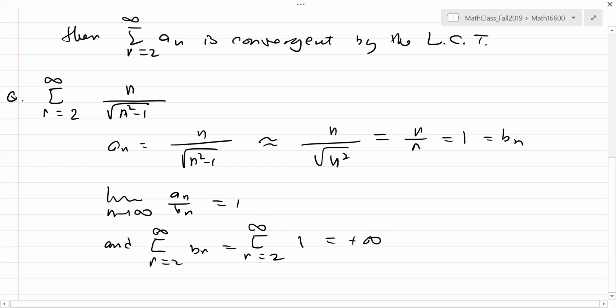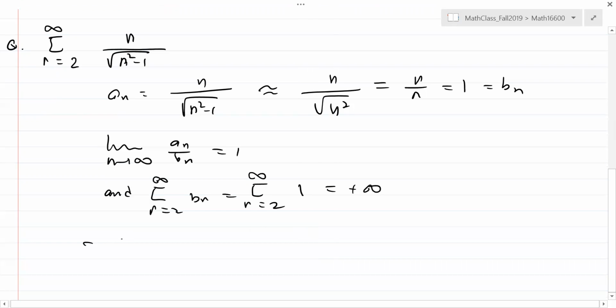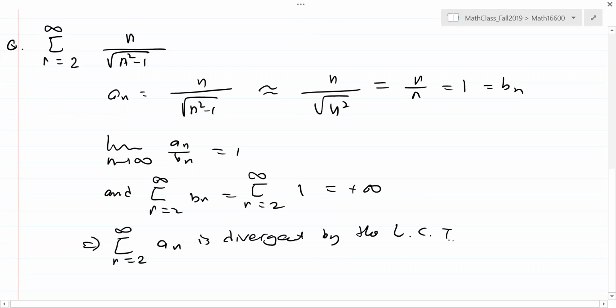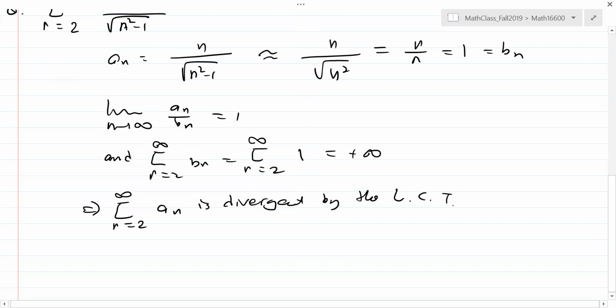So therefore it's divergent. So you can use a limit comparison test to prove its divergence. In this case, you can also use a test for divergence to prove its divergence. That's my first method, right?